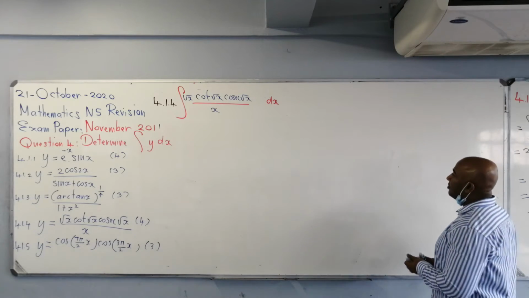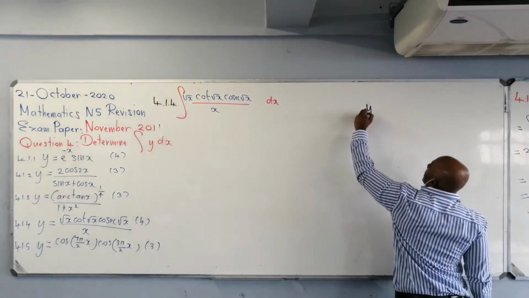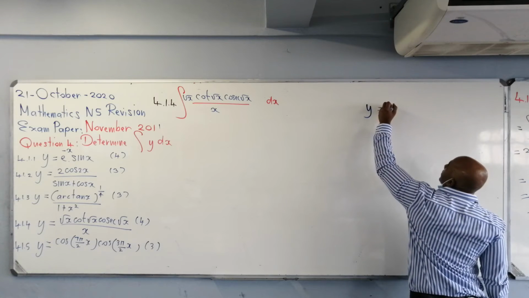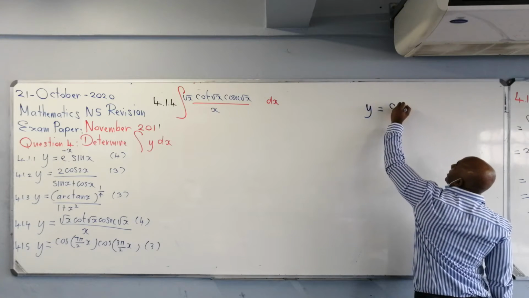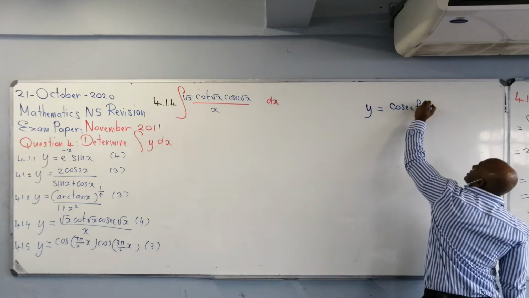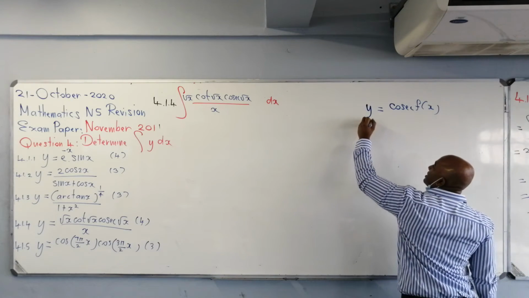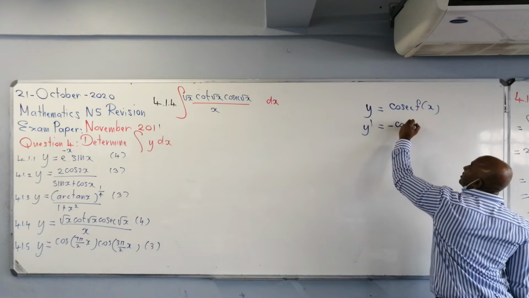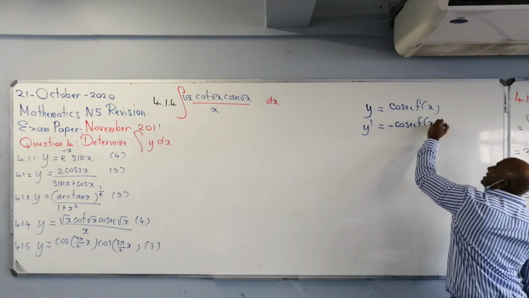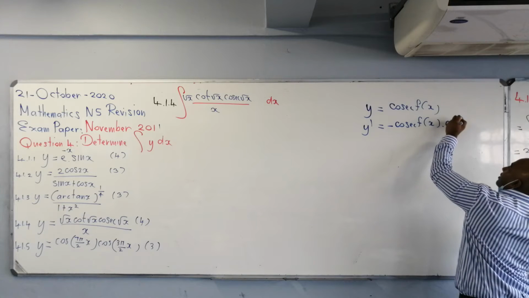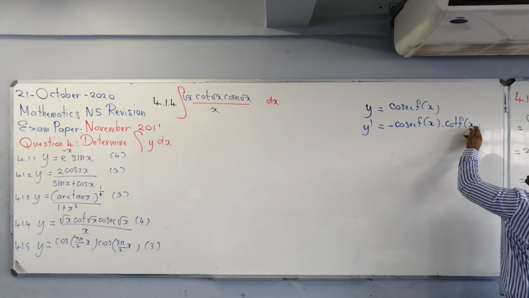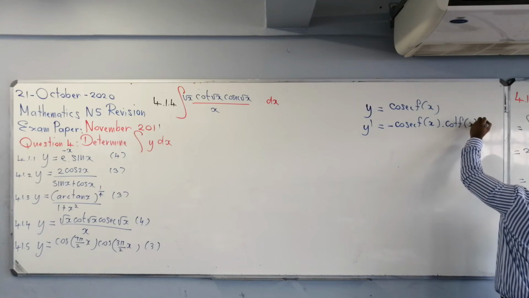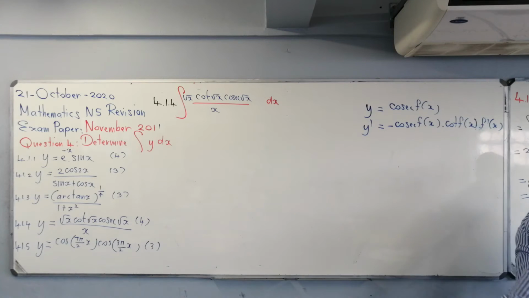So what do we know? We know that if y is equal to cosec of f of x, then the derivative of cosec f of x is negative cosec f of x times cot f of x multiplied by f prime x.